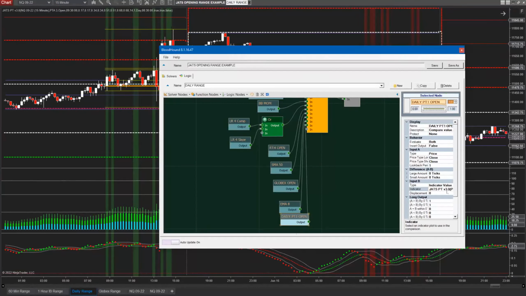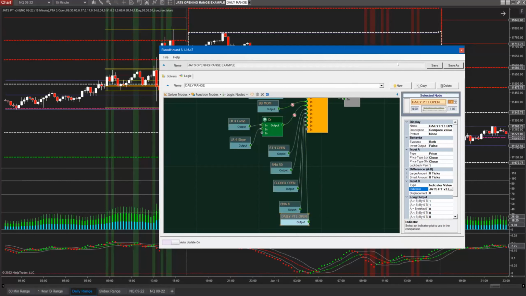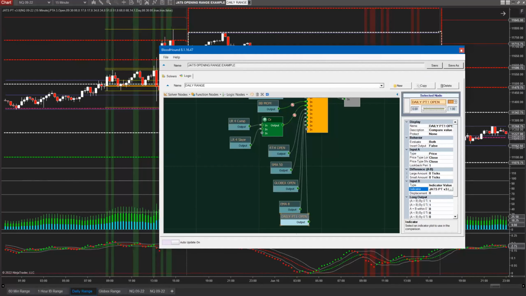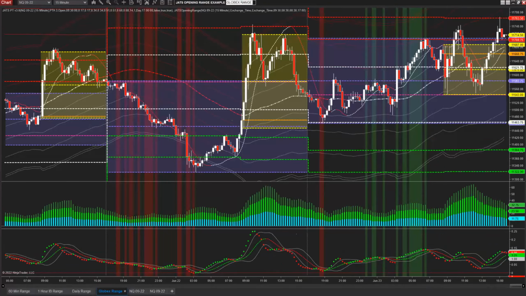Here we go. How to put the JATS indicator, the PT indicator on here, and how to see what the examples are to use the higher time frame daily value and what range settings to put it on, and how to put your Bloodhound templates together. So I'll have some examples already coded up for you, as well as showing you that slope.